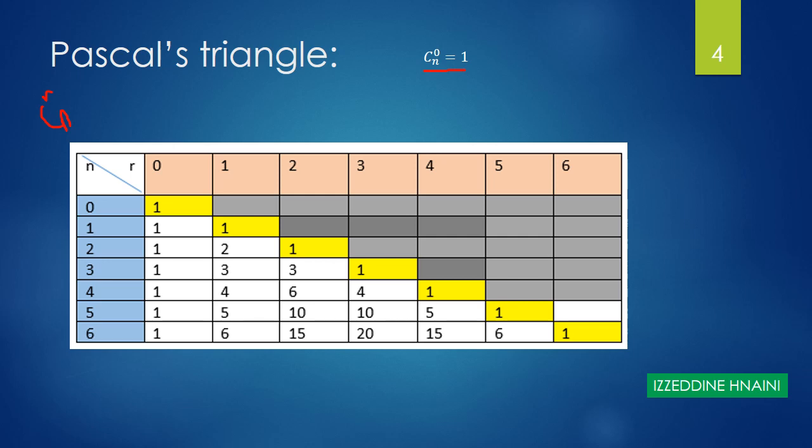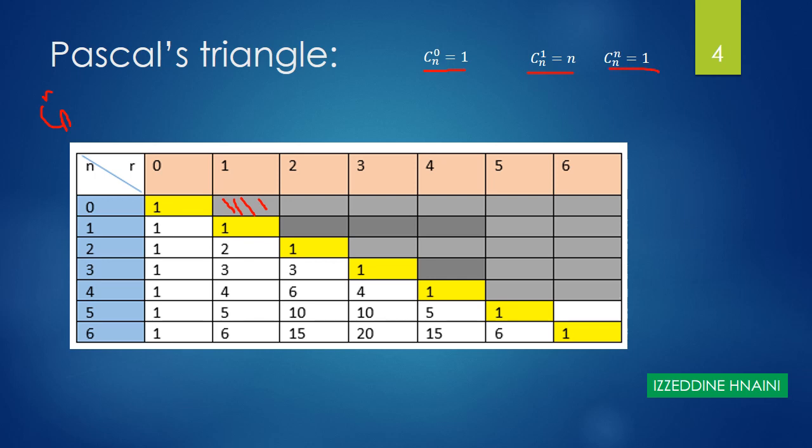The second column: here r equals 1 and n equals 0, so this cell is impossible, while here 1, 2, 3, 4, 5, 6, because we know that C(n,1) equals n. The yellow diagonal equals 1, we fill it with 1 because C(n,n) equals 1.